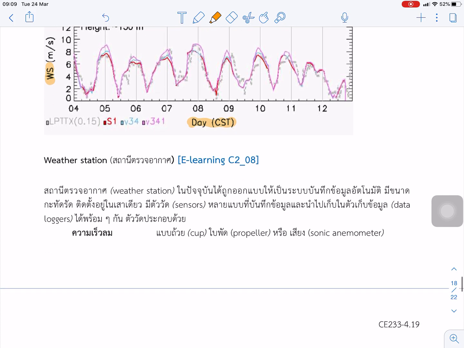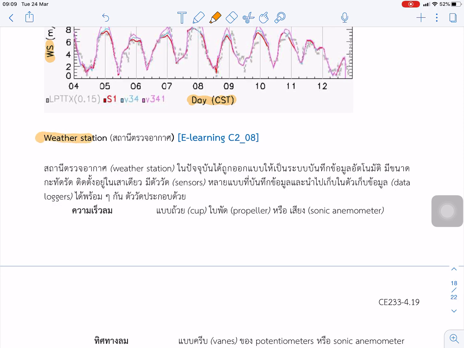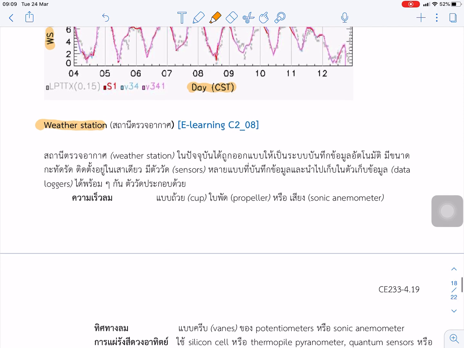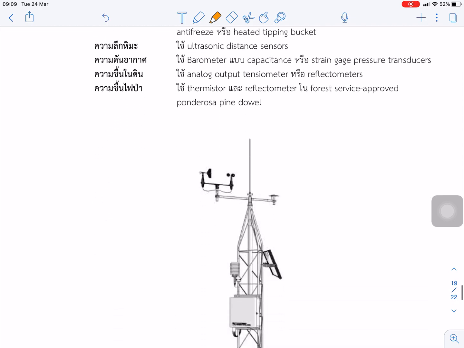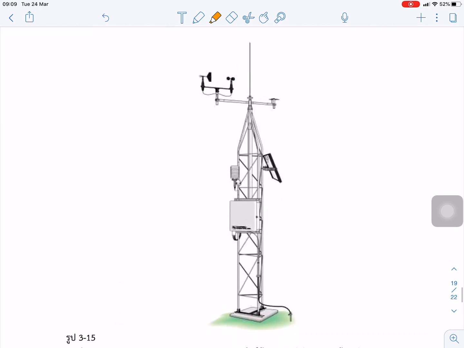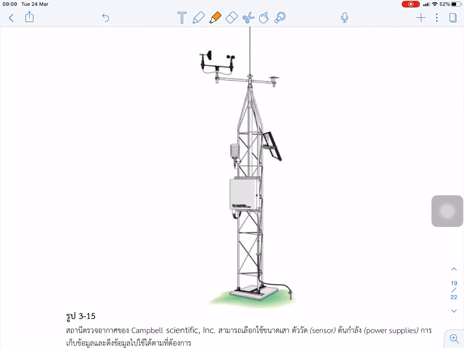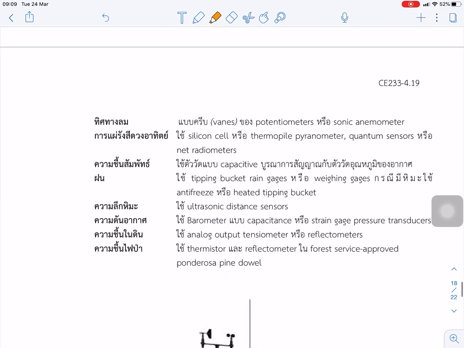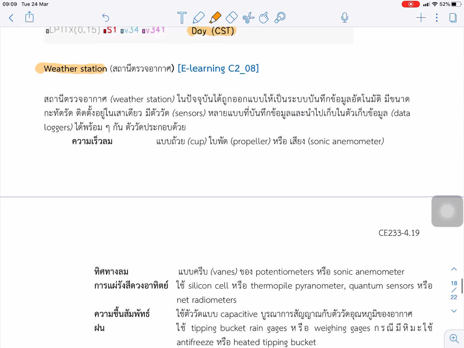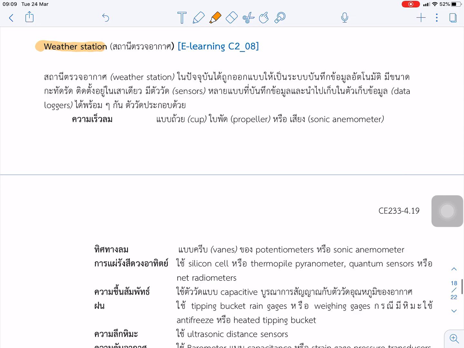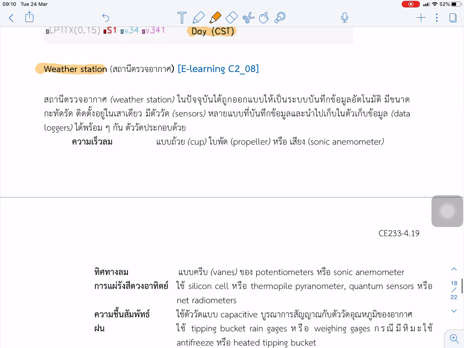Next topic is about the weather station. Okay. Weather station, we can use a compact weather station. We can measure everything in this station. Let's start from the velocity. We use this for wind velocity.